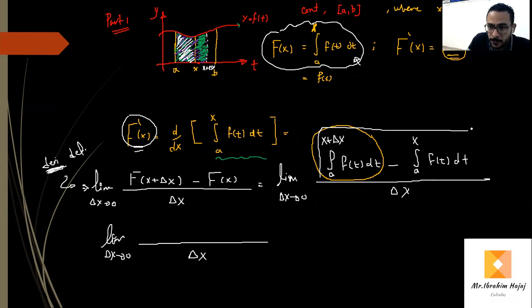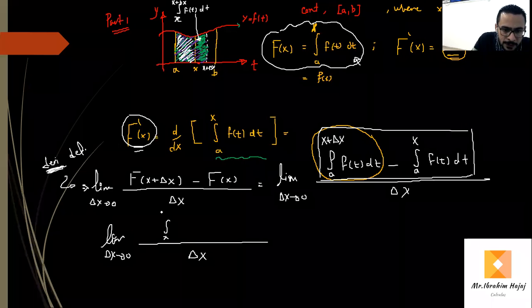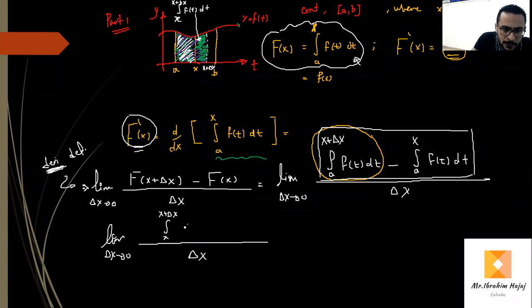delta x stays the same, and I will replace this whole numerator, as I showed you on the graph, with the area between x and x plus delta x, which can be written as the definite integral from x to x plus delta x of f of t dt.